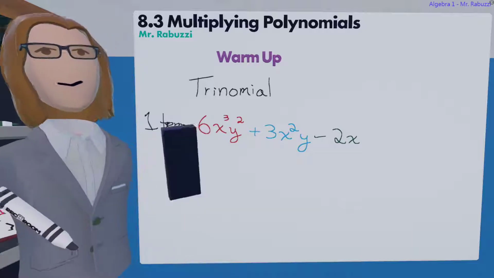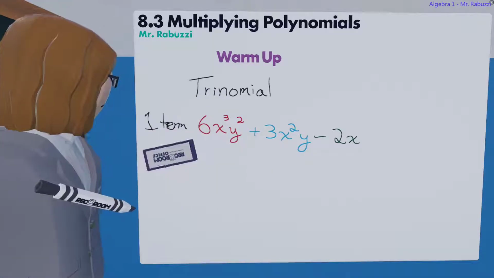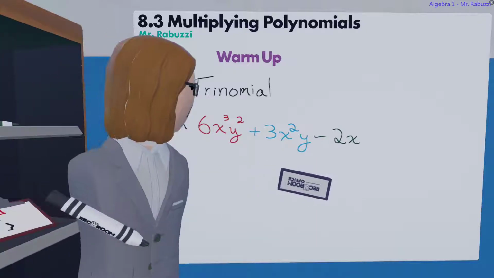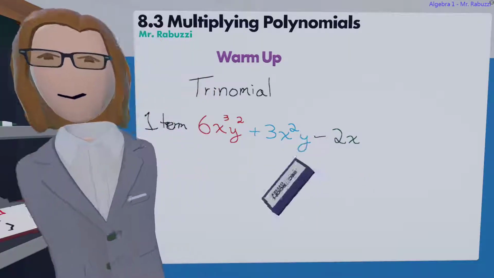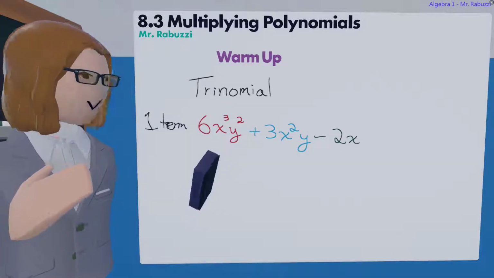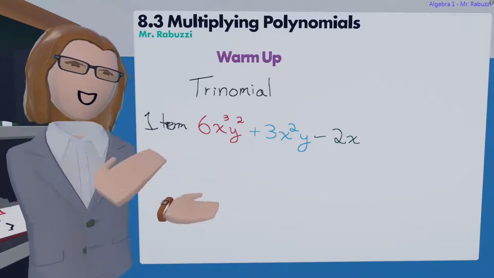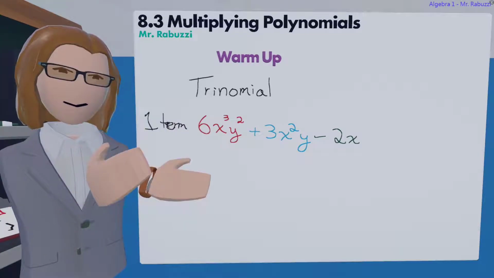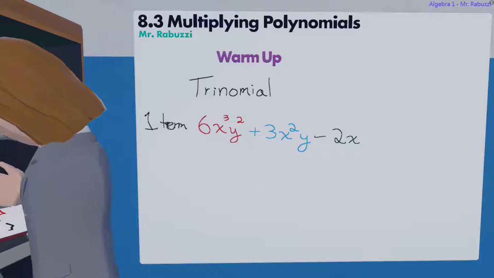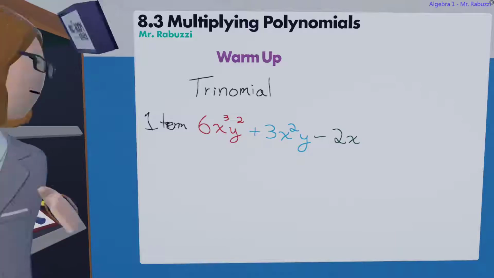Bicycle has 2 wheels, tricycle has 3 wheels, trinomial has 3 pieces, a red term, the blue term, and the green term, and they're separated by adding and subtracting. So today we're going to multiply two different polynomials together, where last time we multiplied one monomial with a polynomial. So it's a little bit harder, but it's not a big step up, just more steps.